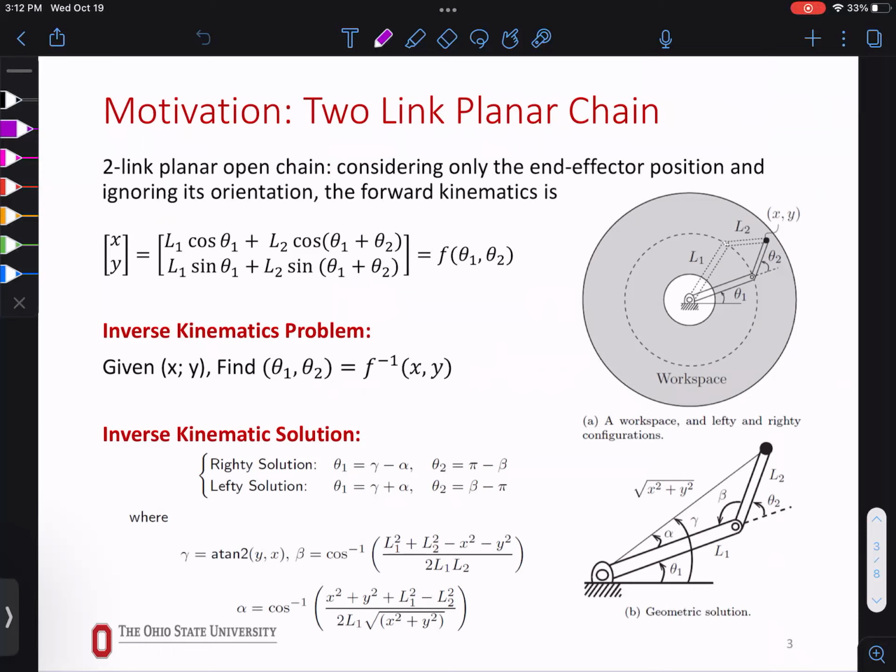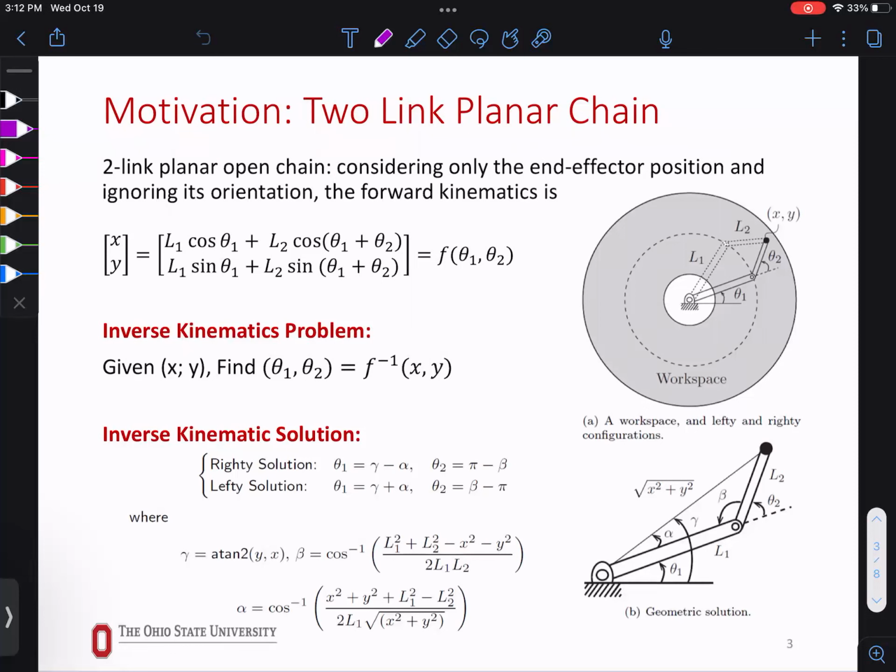If you need to reach X and Y, we can use geometry, right? Whenever we have a 2D robot, the best way is just to do trigonometry, with sine, cosine, theta, and so our equation, our F, would be those two, and then we can solve this mathematically.